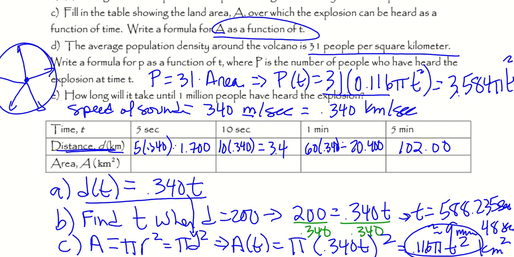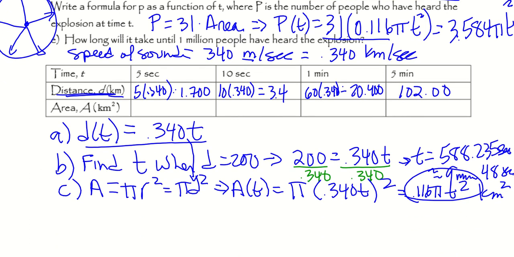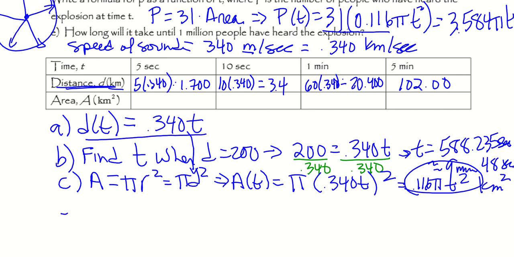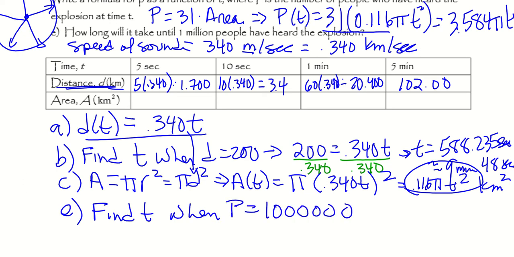So finally, E says, how long will it take until 1 million people have heard the explosion? So for E, I'm supposed to find t when my number of people is 1 million. So if I take the equation that we just found, we would get that 1 million will equal 3.584 pi t squared.